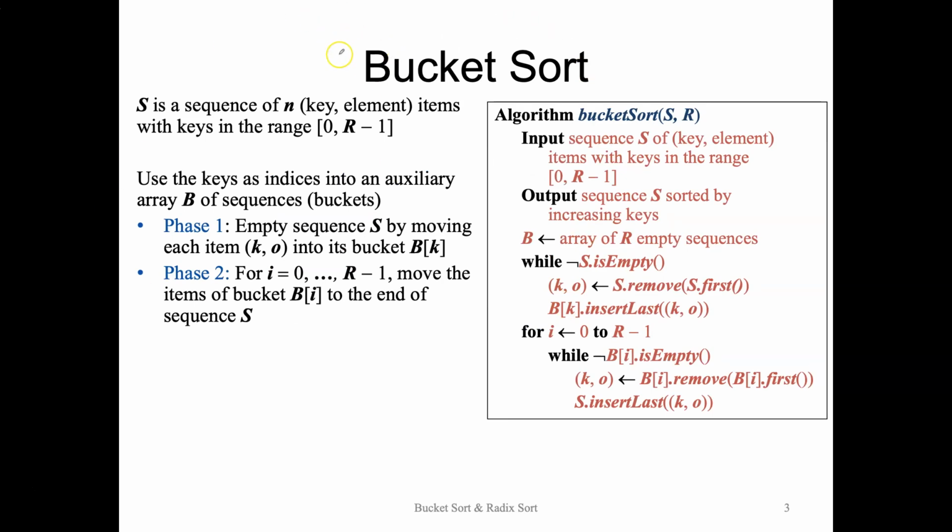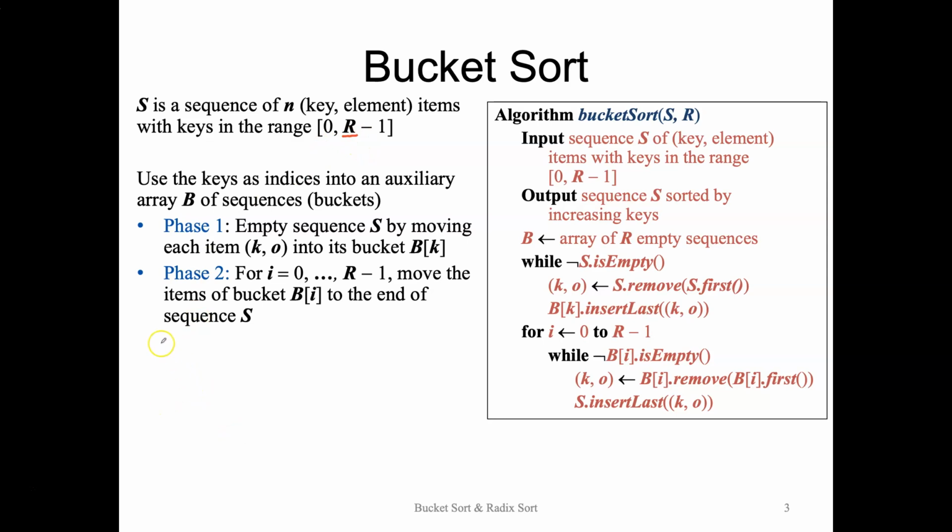Bucket sort works by creating a separate array of size capital R, and it uses each cell in the array as a bucket, essentially. So our sorting occurs in two phases. First, we scan through our original sequence, and one by one we place each item with key k in the bucket at index k.